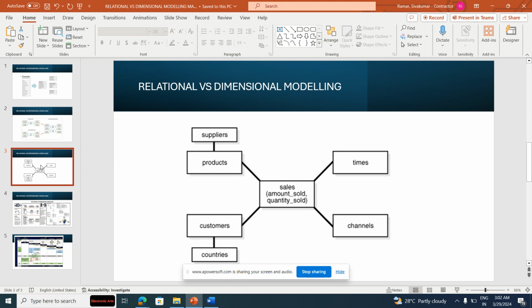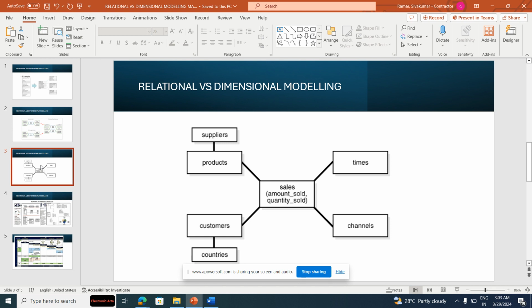So by default, the star schema is a dimensional fact model and it is denormalized. If any of your dimensions is further normalized, that tells us the star is extending one more level.